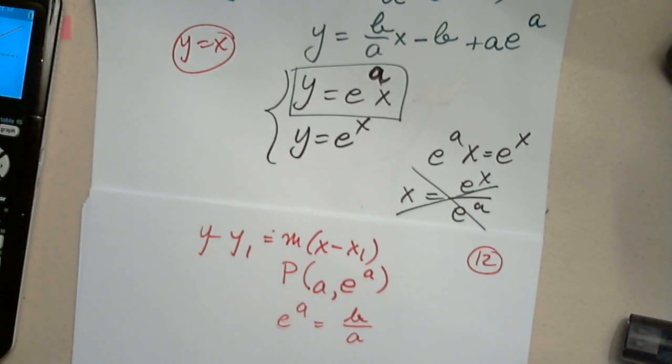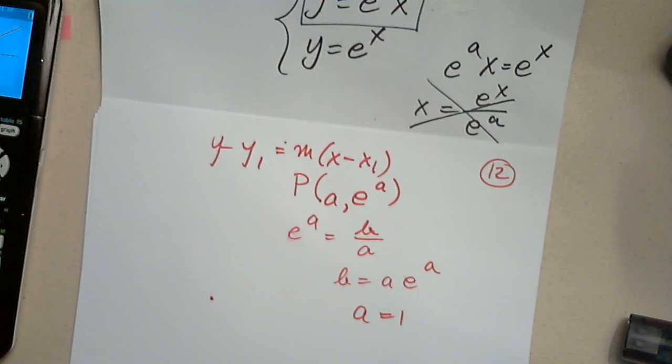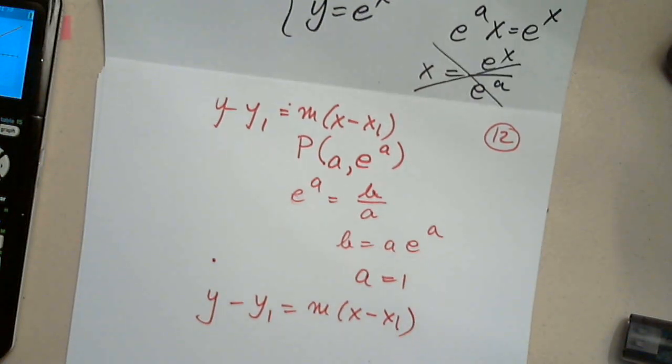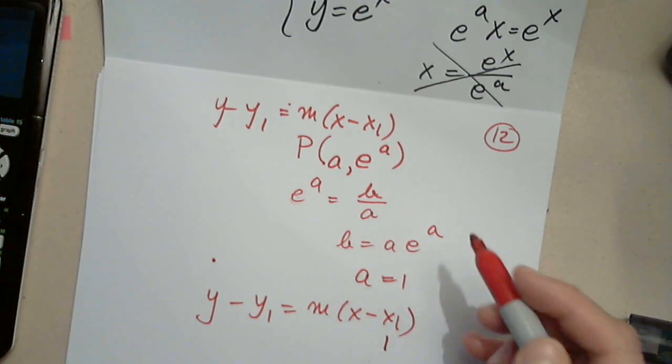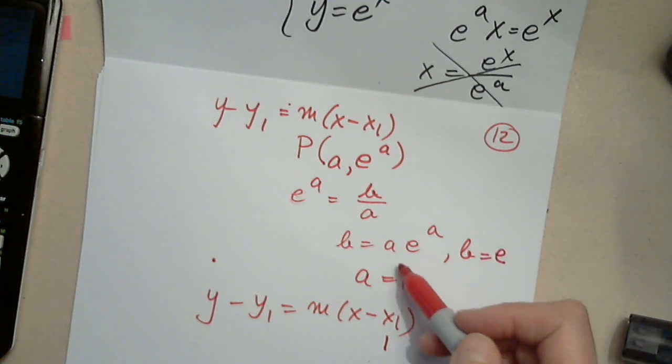That was correct. B is indeed a e to a. That's correct. So when we set these two equal to each other, a is indeed 1. There is no question there. And then y minus y1 equals the slope times x minus x1, where x1 is 1. The slope is b over a, but since a is 1, b is e. A is 1, b is e.